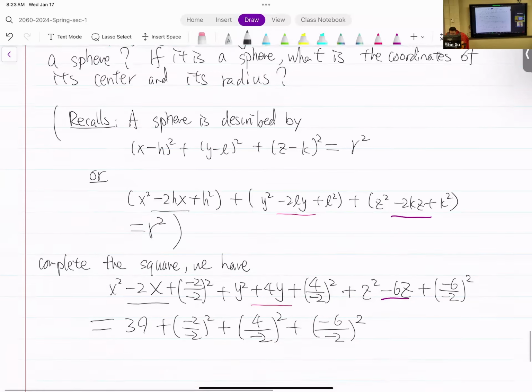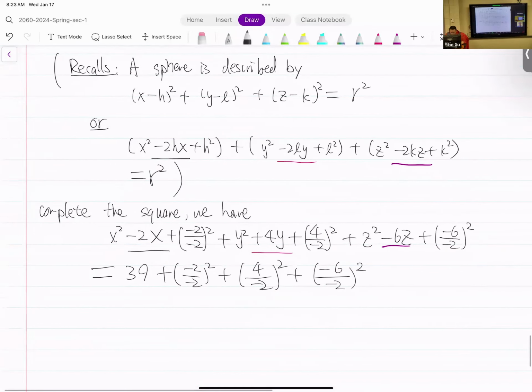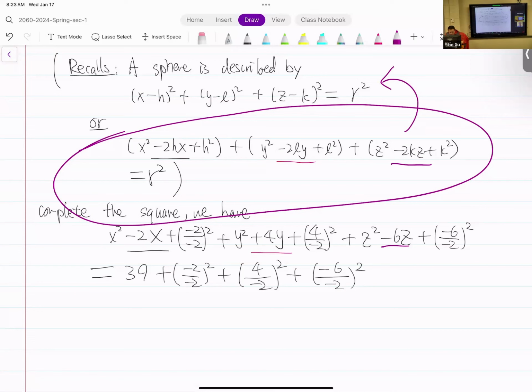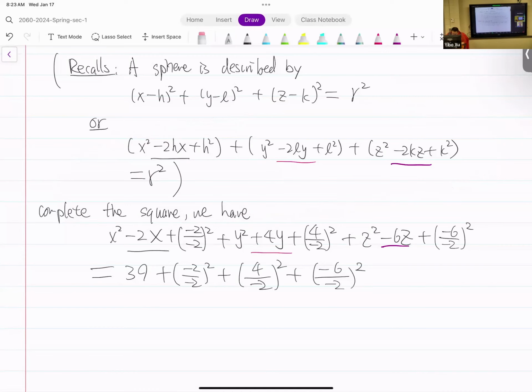So once we have this form, this equation that we have is exactly this type, right? And then we just write the equivalent expression that has squares surrounding x minus h, y minus l, and z minus k. So we just write it as x minus 1 squared.